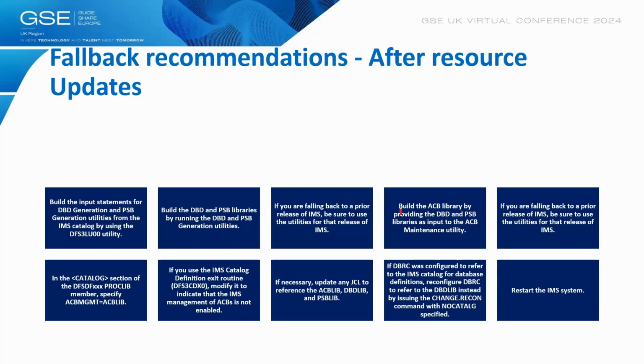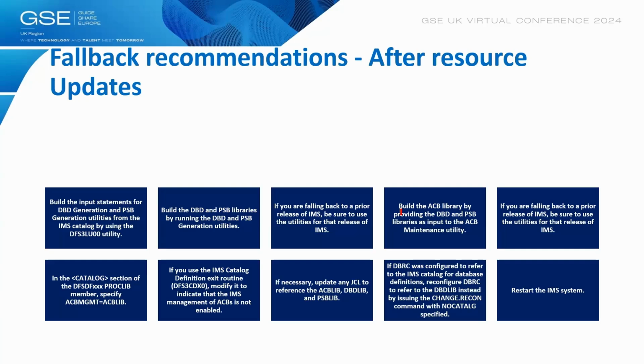Once everything is done, you just need to restart your IMS. So that was about the fallback considerations, and this is what I had planned to cover in this session.